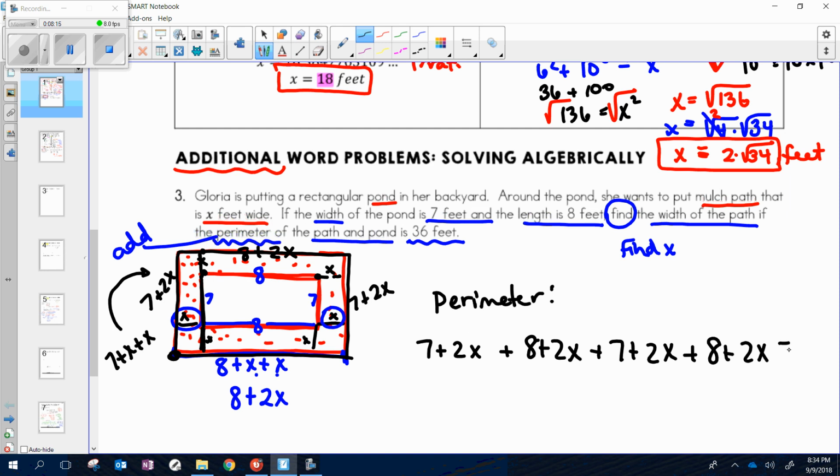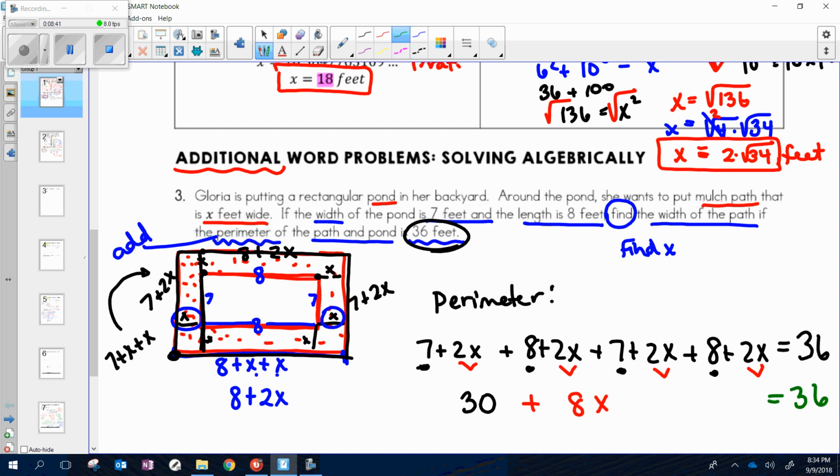That total is 36, because they gave you that. Combining like terms, 7, 8, 7, 8. That's like saying 15 and 15, so that's a 30. The other terms I can combine are 2, 4, 6, 8 X's. And that's going to equal 36.